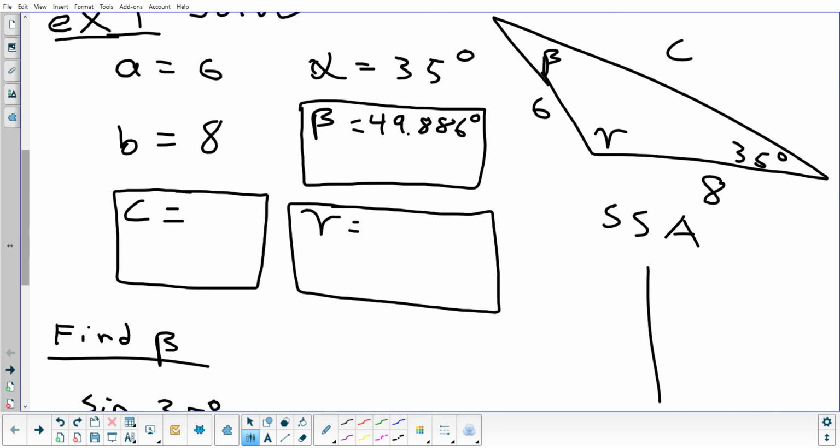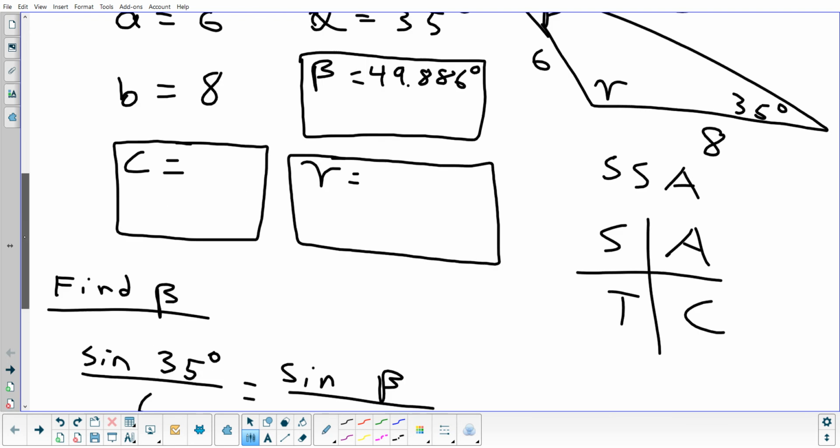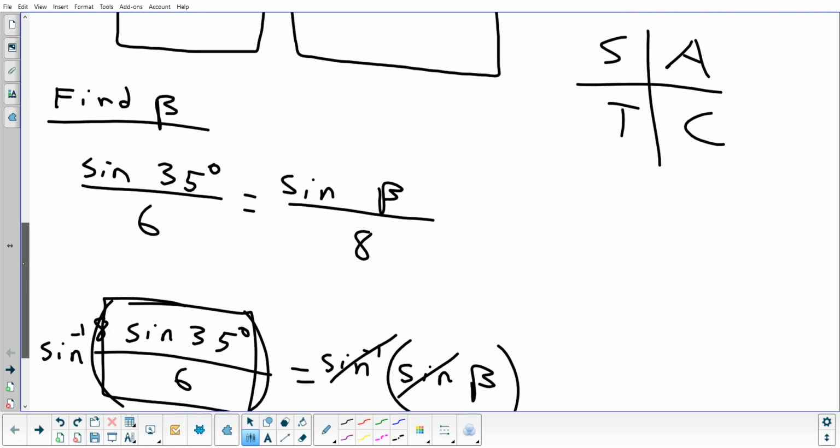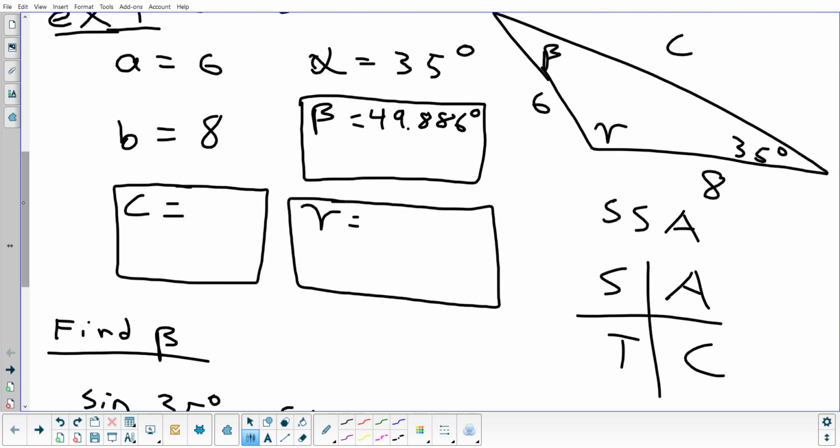Now, using this chart, I just explained that all of this comes out to a positive number. There are 2 quadrants where sine comes out positive. Quadrant 1, and in that case it's the 49.886. So we have that.